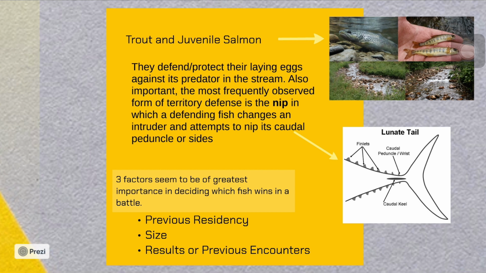Also important, the most frequently observed form of territory defense is the nip, in which a defending fish charges an intruder and attempts to nip its caudal peduncle or sides. So we saw in the lunate tail example that some fishes use their caudal fin to make other fishes go away from their territory.